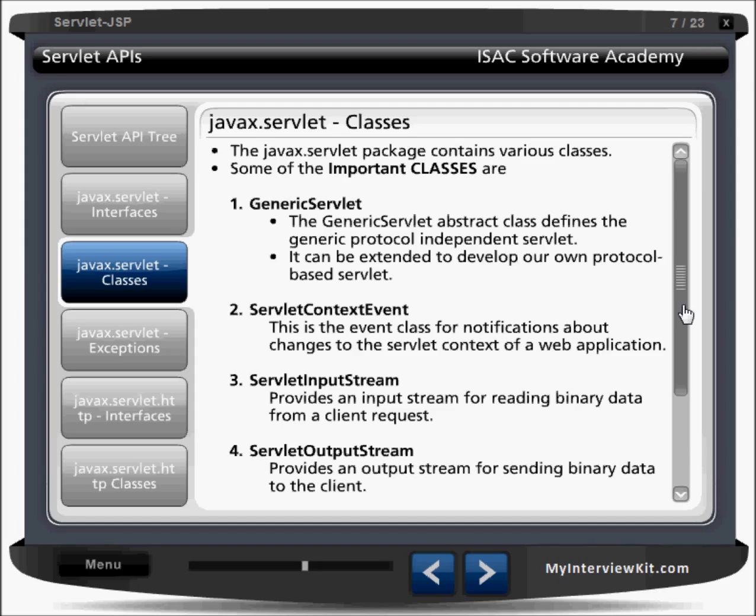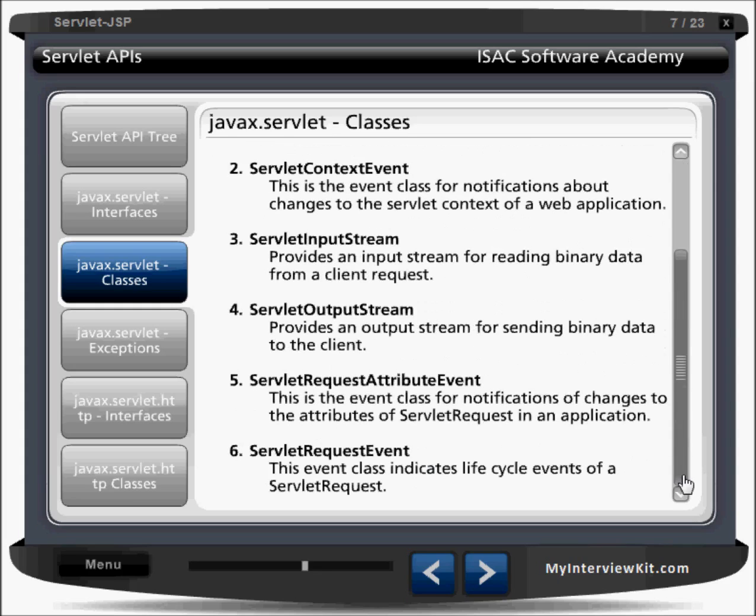ServletContextEvent is the event class for notification of changes to the servlet context of the web application. Once changes happen, a notification is generated automatically and it is logged to the server. ServletInputStream provides an input stream for reading binary data from a client request.